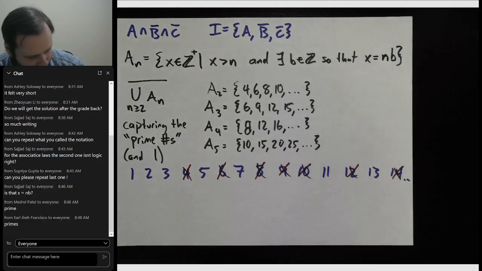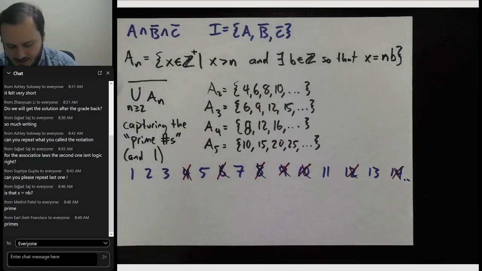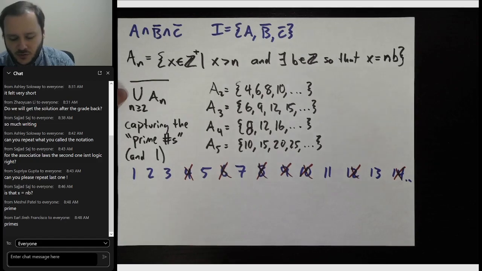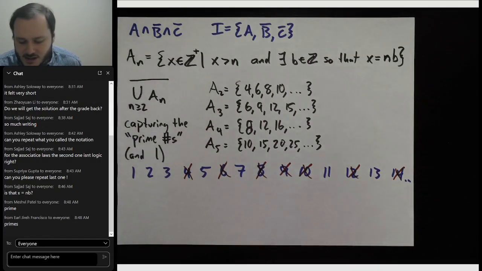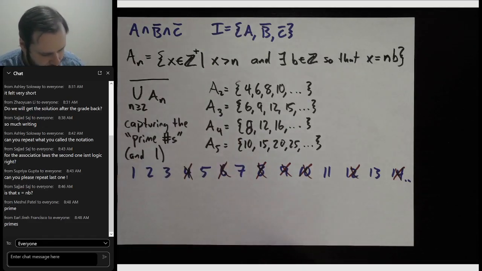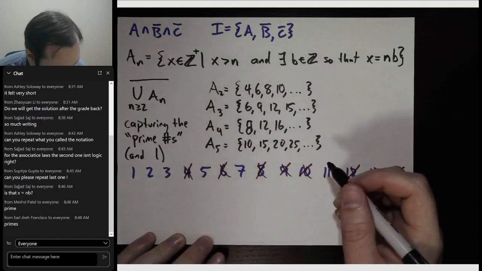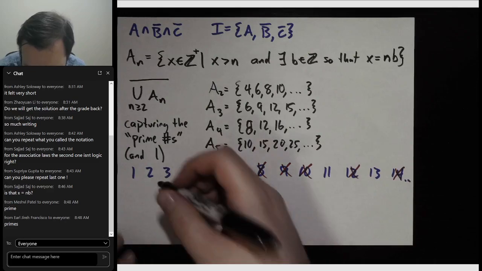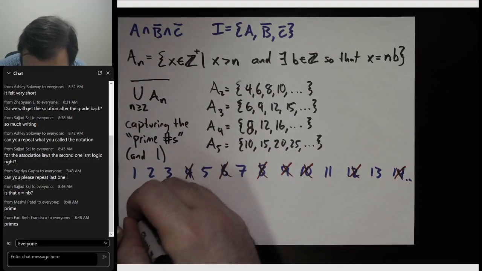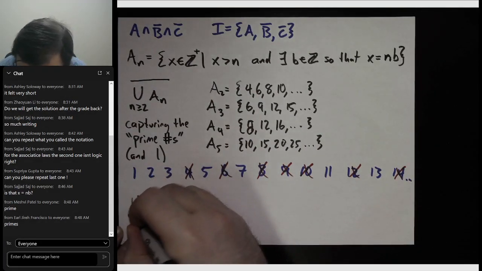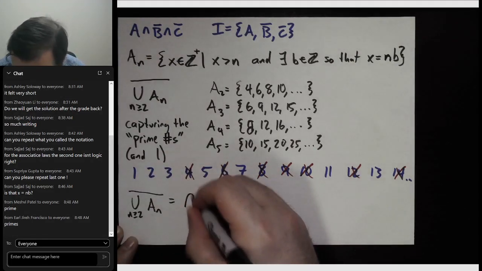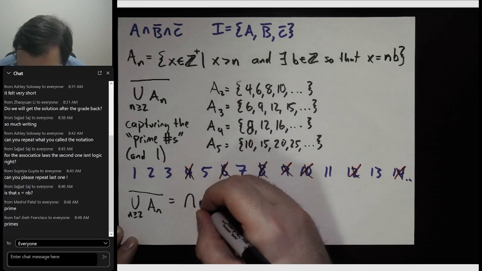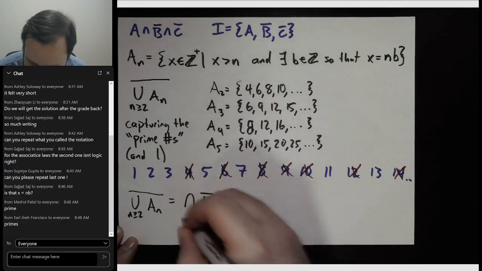So two comments I want to make about this. The first one is that De Morgan's laws hold even when you have an infinite number of these sets. So this set is equal to the intersection of the complements.